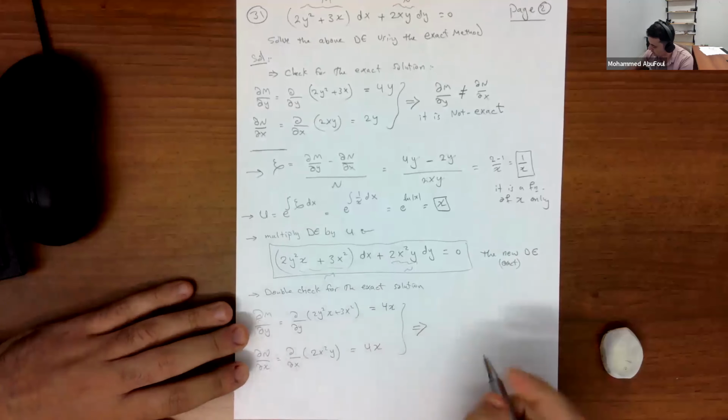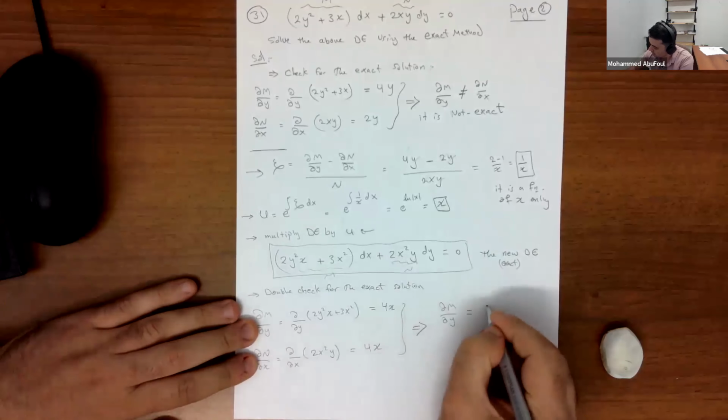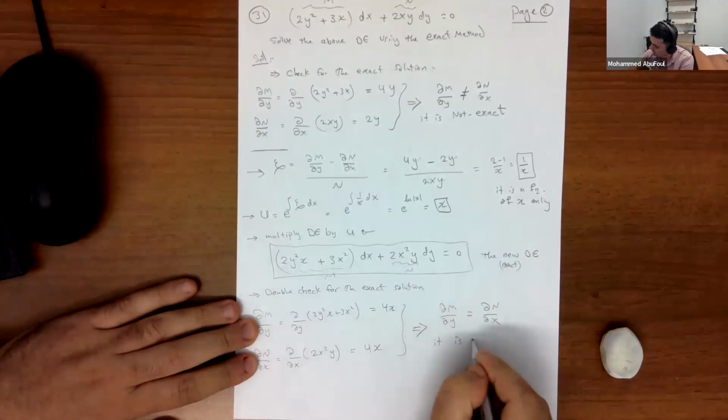So dM over dy is equal to dN over dx, so it is exact.